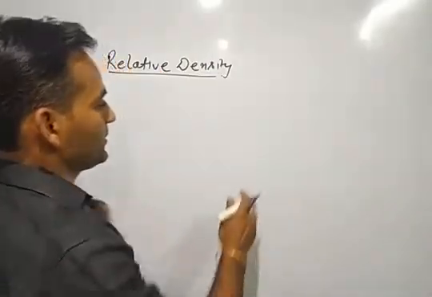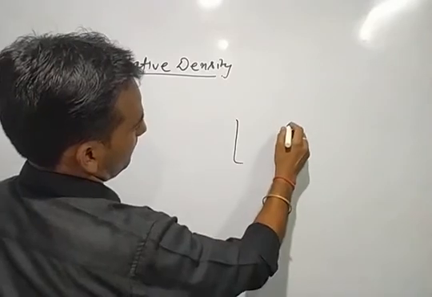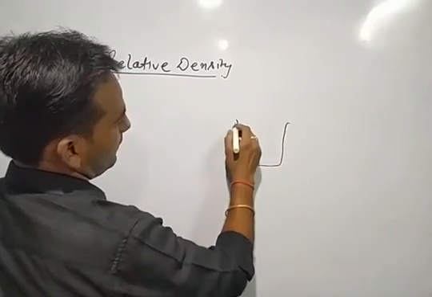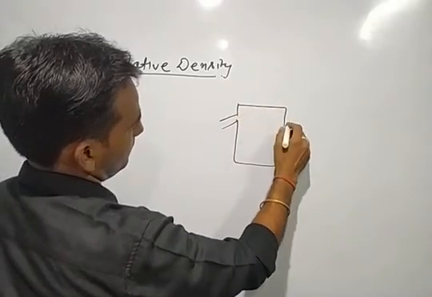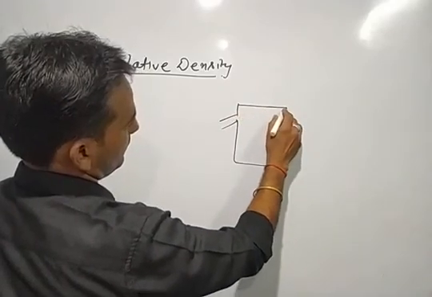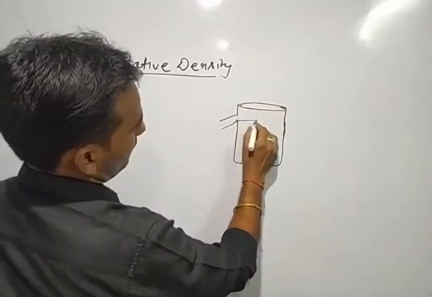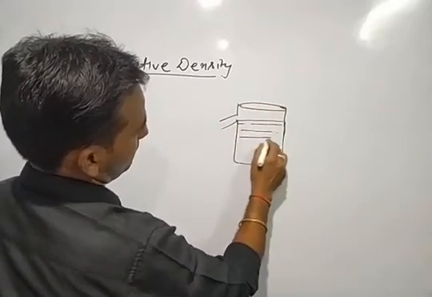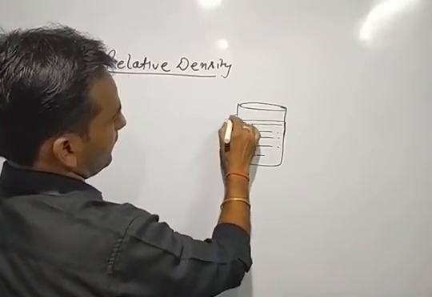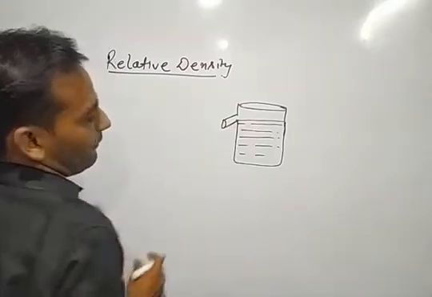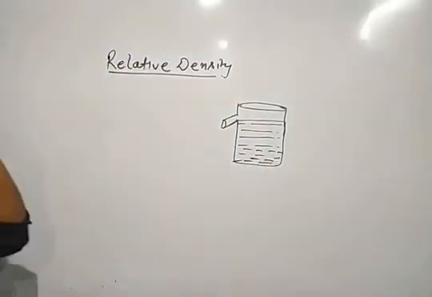Now, let us see. If we have a beaker of this shape and filled with water up to this level, totally filled, and we have to find the volume of any object with the help of this beaker.